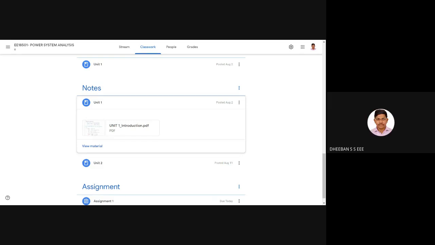Within that you have to write, scan and upload, right? Yes, sir, extra half an hour is given, 11 to 11:30. Within 11 to 11:30, all of them should scan and upload it in Google Classroom.